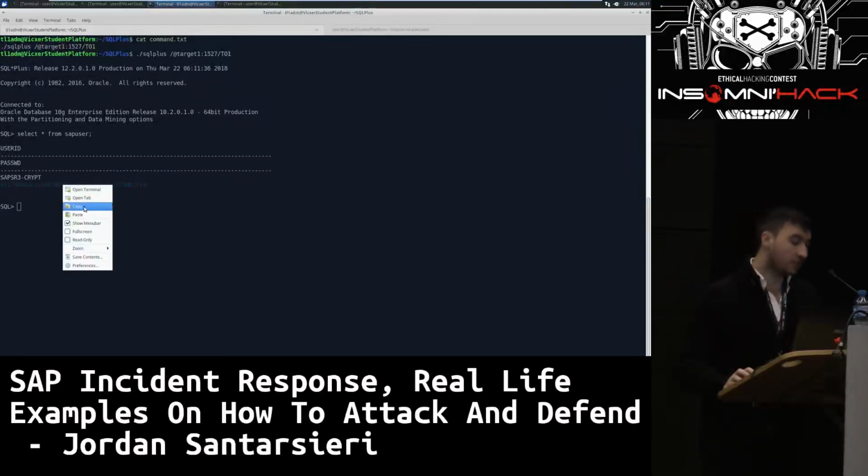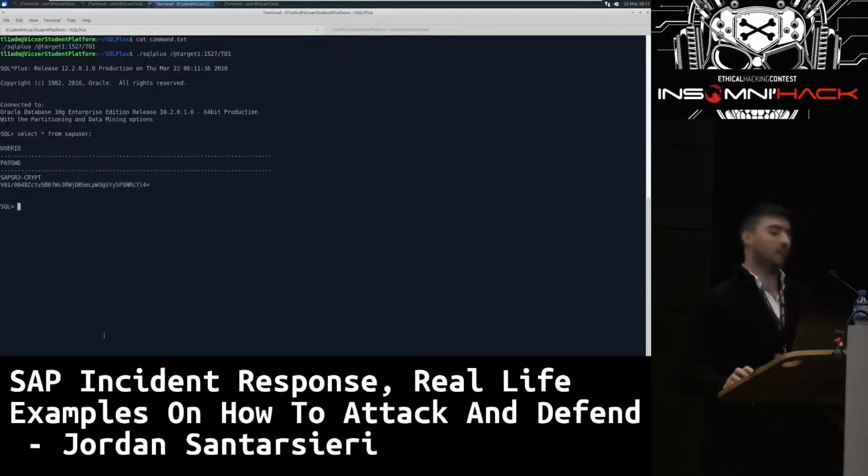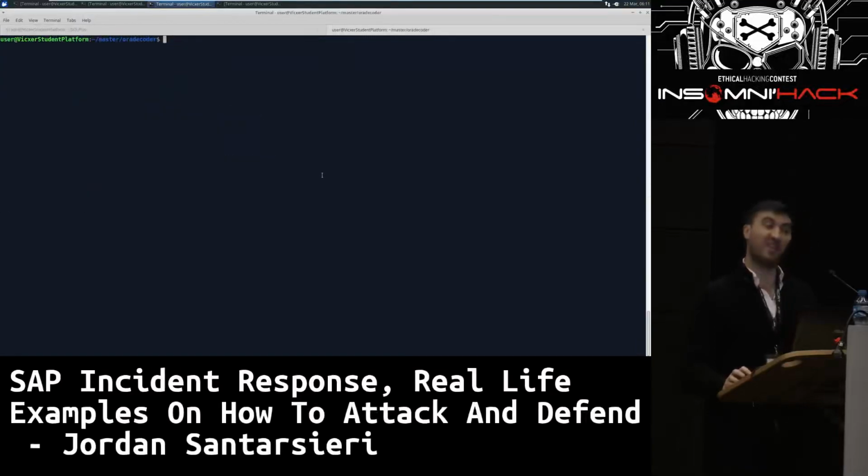We reverse engineered the algorithm that produced that password. It was a guess. It wasn't that hard. So we do something like this: SAPSR3, where is the user, and we paste the password. Now we know that the user is SAPSR3 and the password is master TL1.